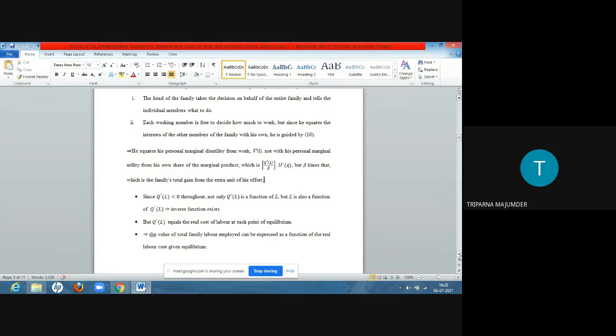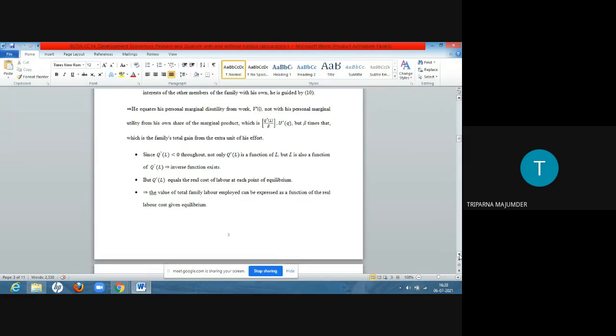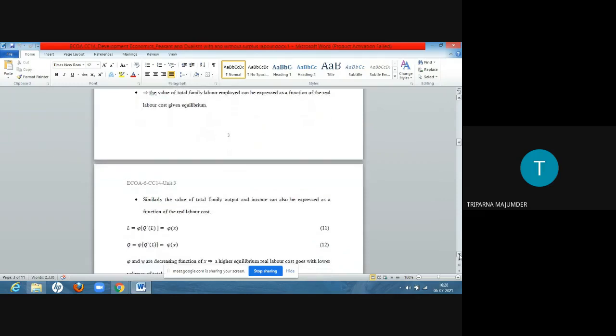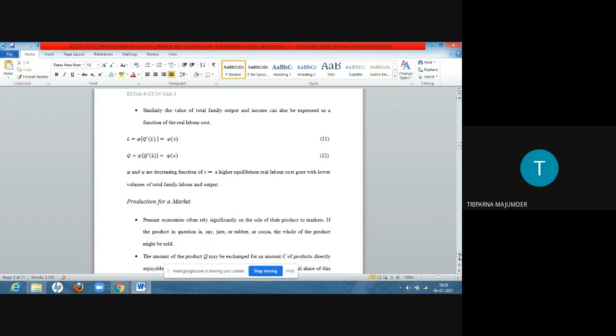But Q'(L) equals the real cost of labor at each point of equilibrium, that is x, which implies that the value of total family labor employed can be expressed as a function of the real labor cost given equilibrium. Similarly, the value of total family output and income can also be expressed as a function of the real labor cost. So, what are we actually saying?